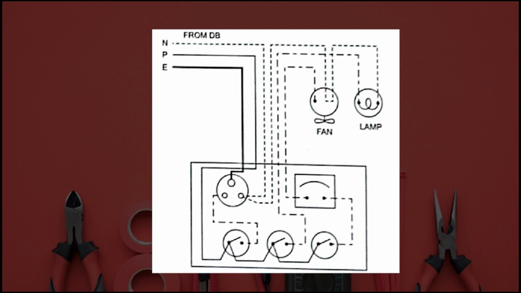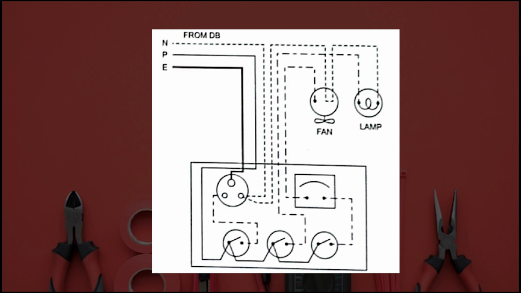There are 3 devices: one is a fan, another is a lamp, and the third is a socket in which you can use any appliances. You can use your mixer, you can use your iron, and here you can also notice that to connect the fan, a regulator has also been used.